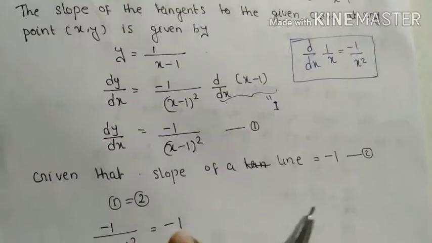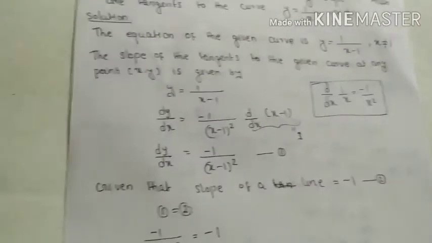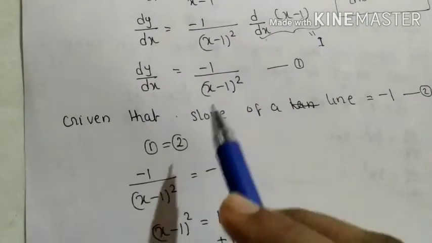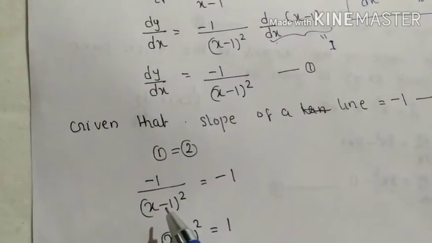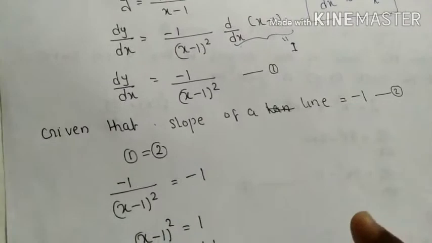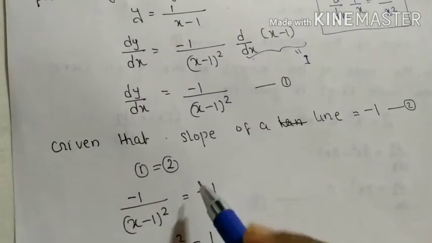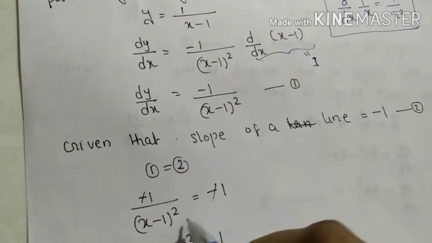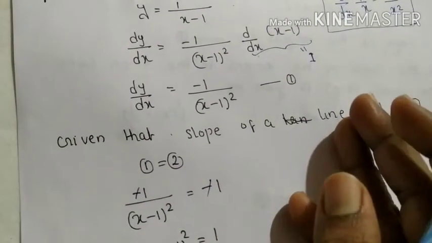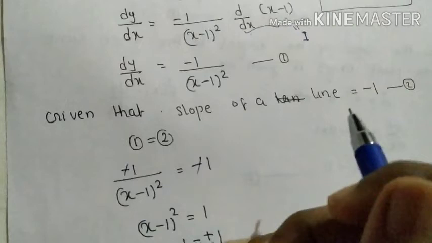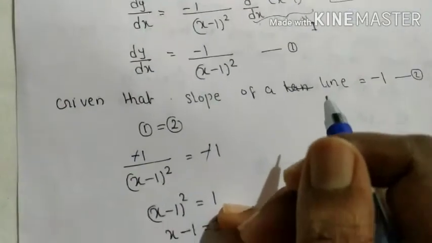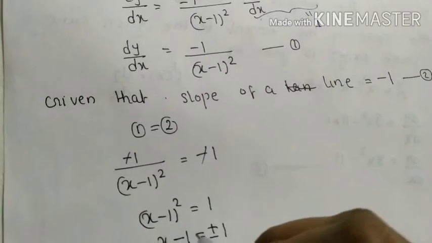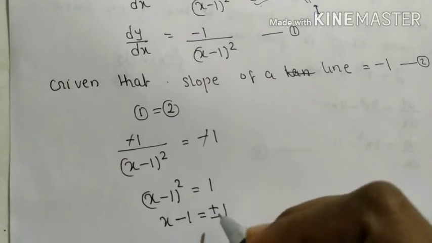Equating equation number 1 and 2, we get minus 1 divided by x minus 1 the whole square equal to minus 1. Cancelling the minus 1 and taking x minus 1 the whole square to the RHS, we get x minus 1 the whole square equal to 1. Taking the square root, we get x minus 1 equal to plus or minus 1.